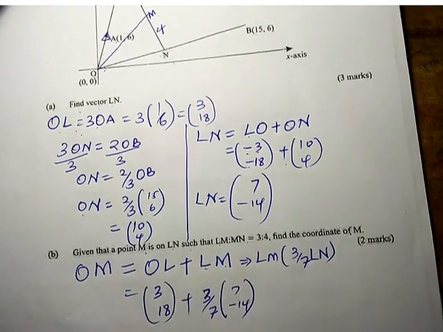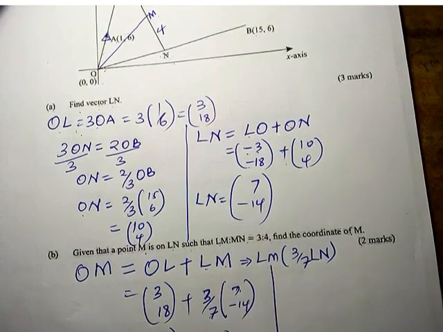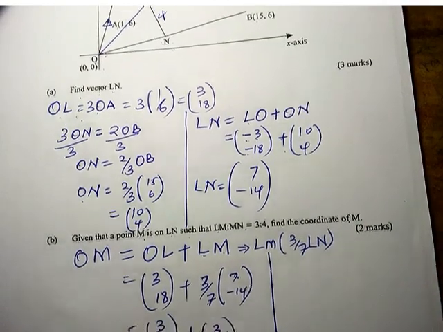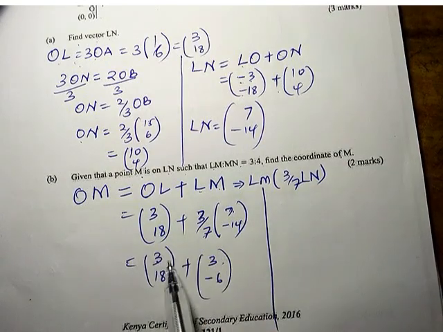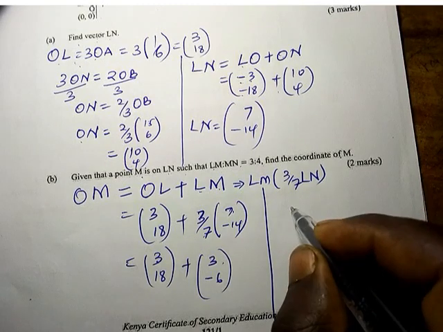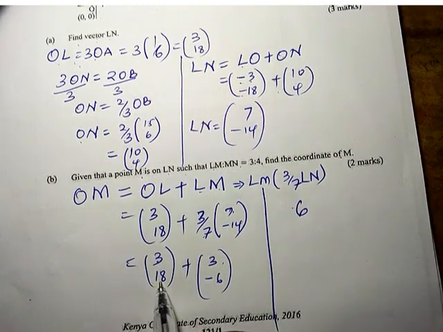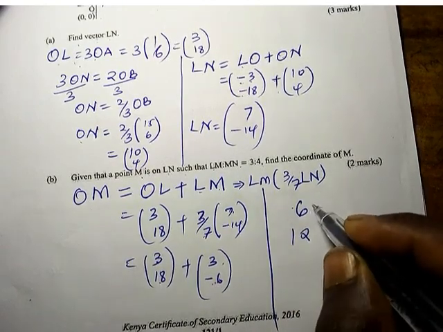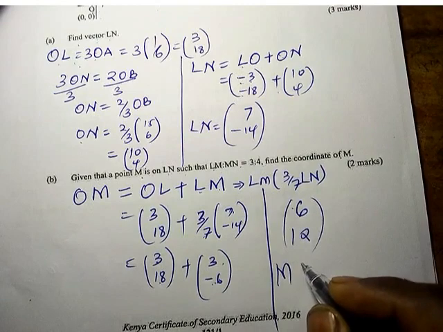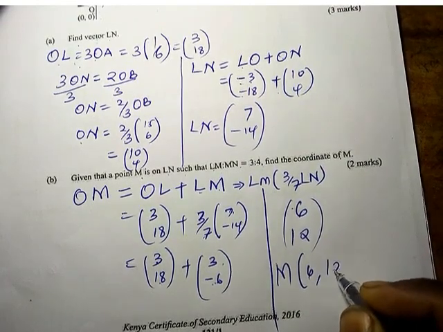So this one is going to be (3, 18) plus (3, -6). So finally, 3 plus 3 we are going to have 6, and 18 minus 6 is 12. So M is equal to (6, 12).